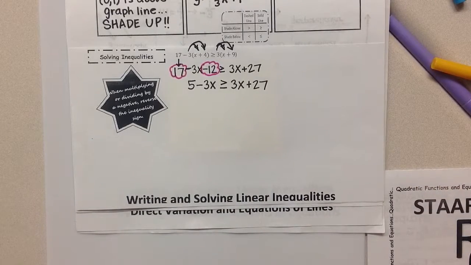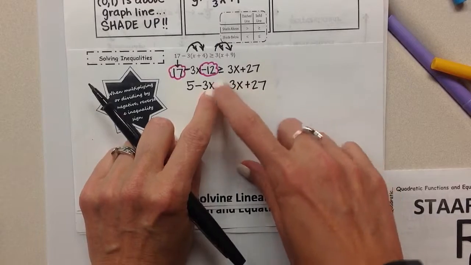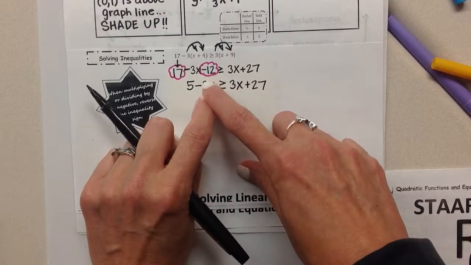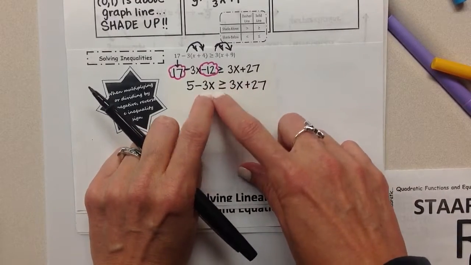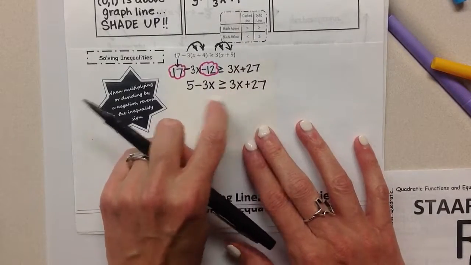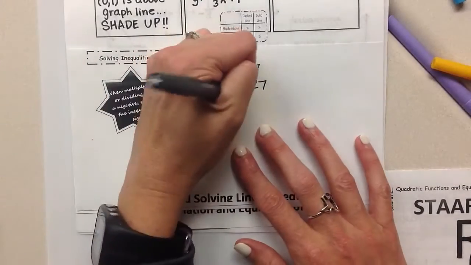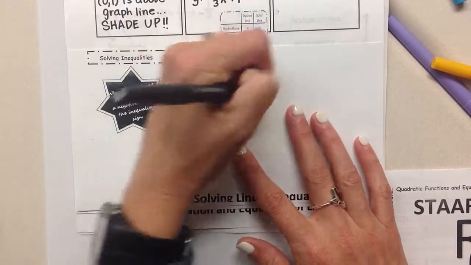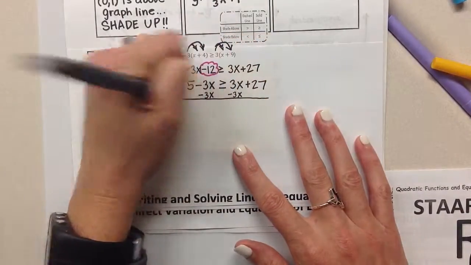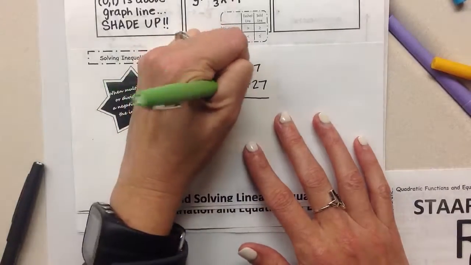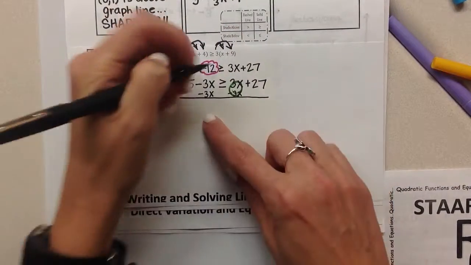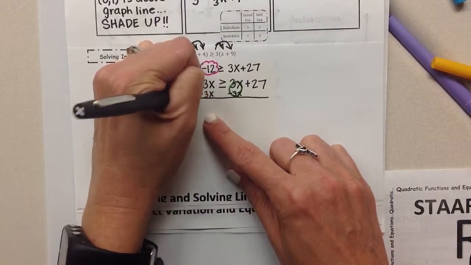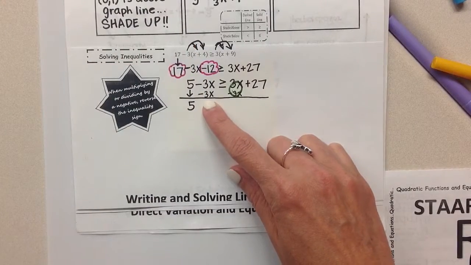And now what I want to do is move all of my like terms to the same side of the inequality. So I want all my x's to be on the same side, either before or after the inequality. I'm going to choose to move this positive 3x over here, and because it's positive, I have to subtract 3x from both sides. And so now I'm going to get 0 here, and then I'm going to bring down my 5, and now I'm going to do my subtraction.